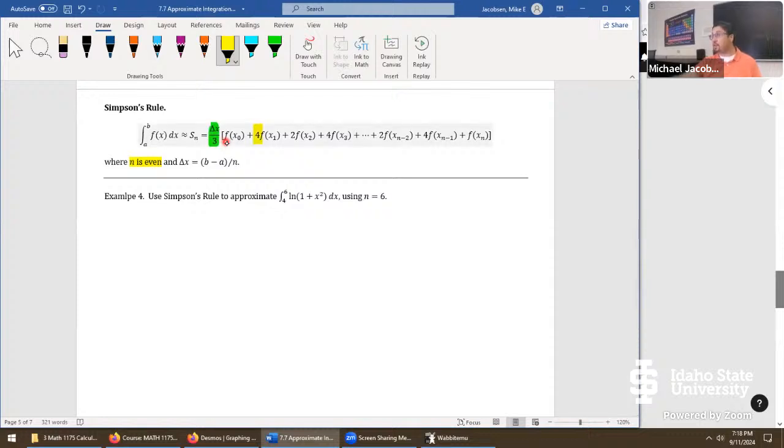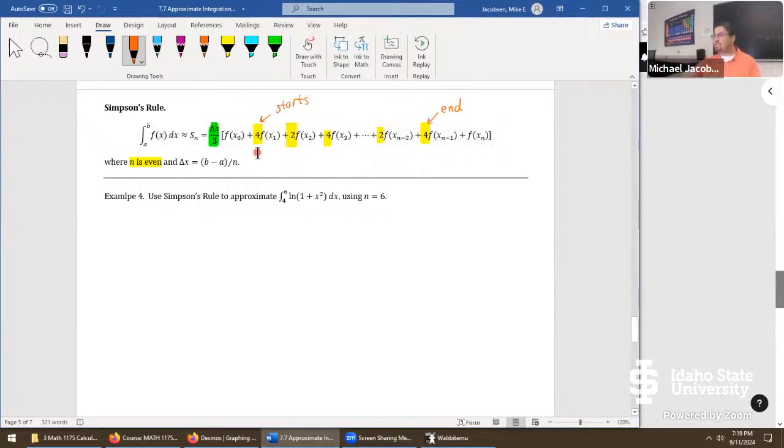Then it starts with a 4 and begins to alternate, 4, 2, 4, and the alternation continues all the way down to the penultimate term, f of x n minus 1. So the pattern starts at 4, alternates 4, 2, 4, 2, so on, and it will always, no matter what, end at 4. Then we just have a coefficient of 1 on the last term.